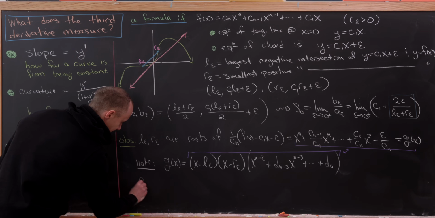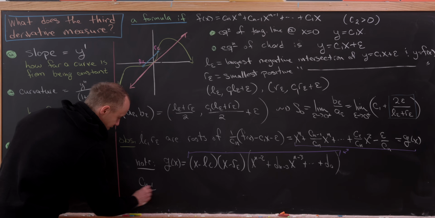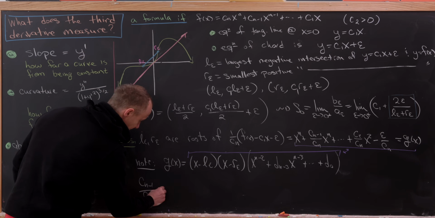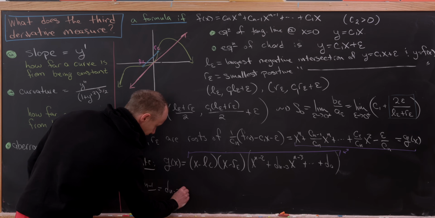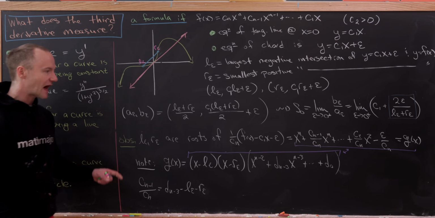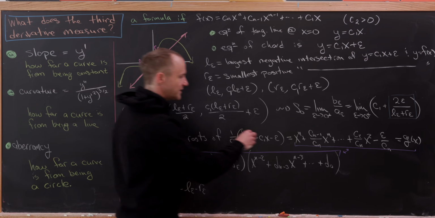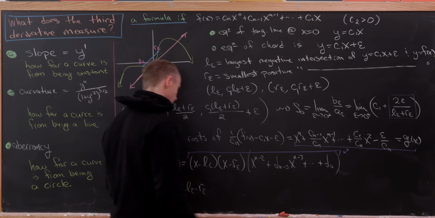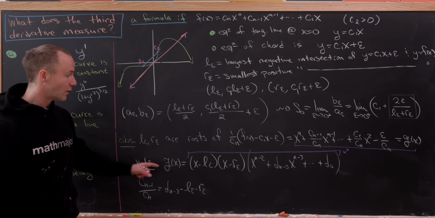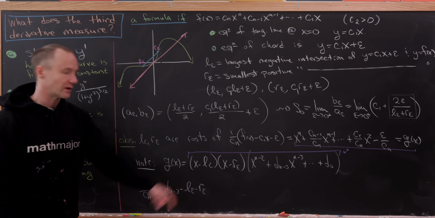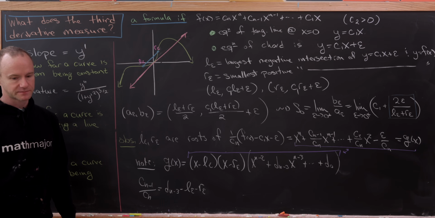So c n minus 1 over cn is pretty obviously equal to d n minus 3 minus L epsilon minus R epsilon. And how do we get that? Well, that's the coefficient of x to the n minus 1 over here, and then the coefficient of x to the n minus 1 after we were to multiply that out.